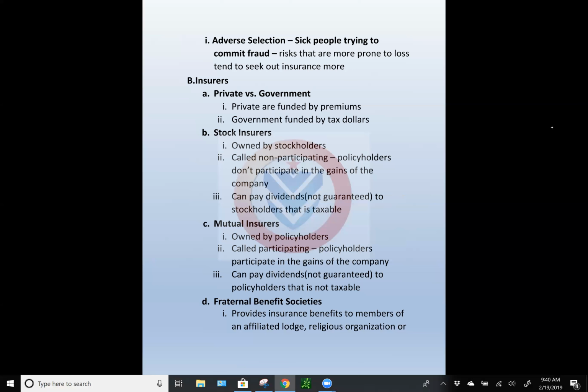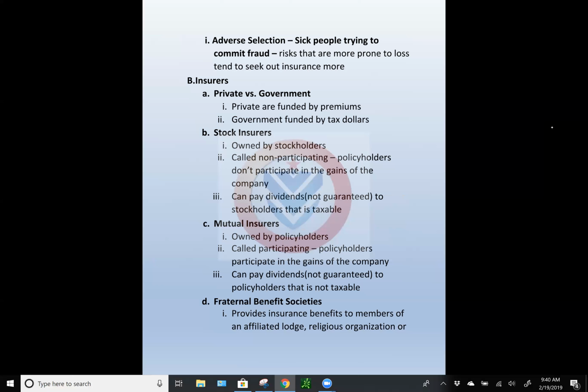But in this case, if there is a dividend, that dividend is not taxable to the policyholders. The reason it is not taxable is it's considered a return of any unused premium that they had paid from the year before. So please make sure that you memorize stock and mutual insurers.